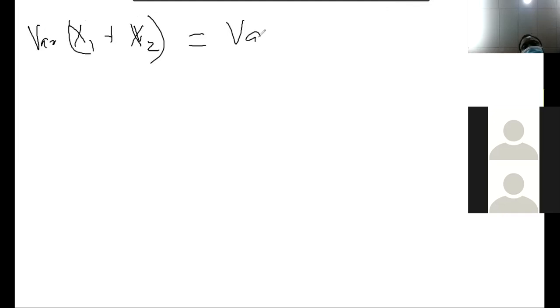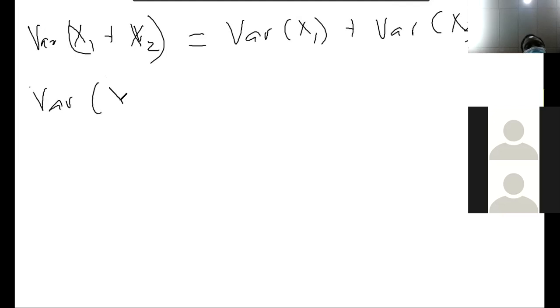Recall, I will write and erase it. Recall that if we have two random variables, x1 and x2, then the variance of x1 plus x2 was what? Variance of x1 plus variance of x2. What about the variance of x1 minus x2? What was it? Anybody remember?